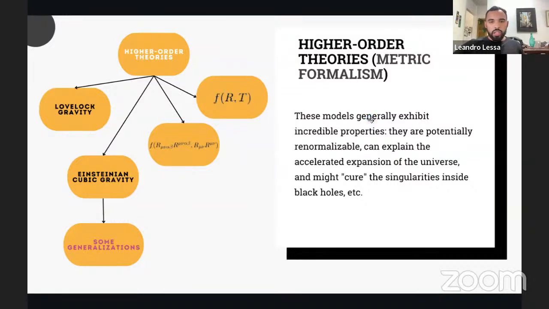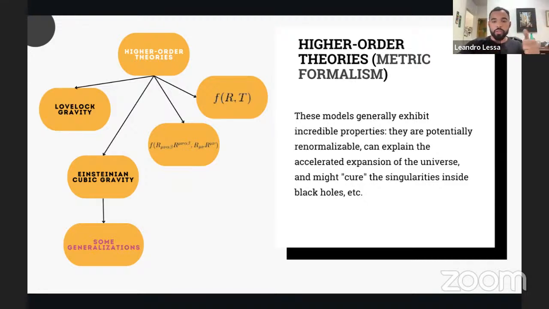Here we will present some properties of this kind of theory, higher order theories, and show some examples. This presentation is based just on the metric formalism, that is, the metric is the only dynamical field. In general, these models exhibit a remarkable property: they are potentially renormalizable.